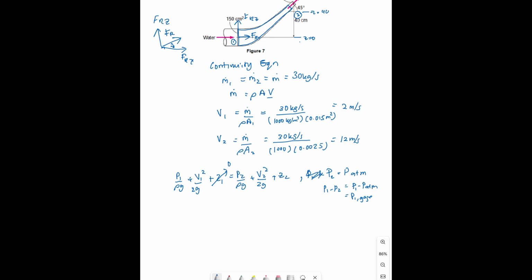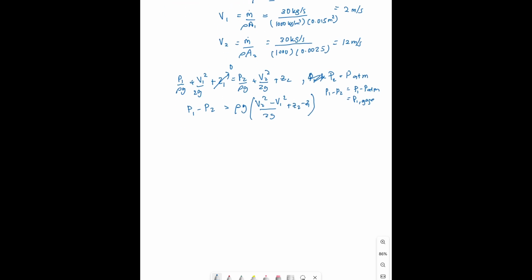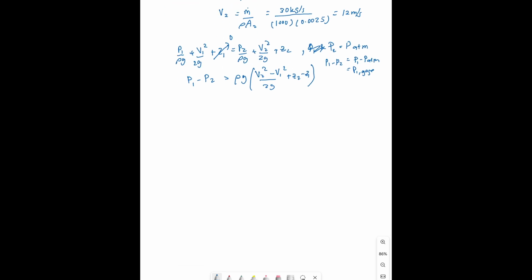Z1 is equal to 0. We can write it as P1 minus P2 equals rho g times (V2 squared minus V1 squared over 2g plus Z2 minus Z1). And we get P1 minus P2, which is P1 gauge, equal to 1000 times 9.81 times (12 squared minus 2 squared over 2g, plus 0.4).